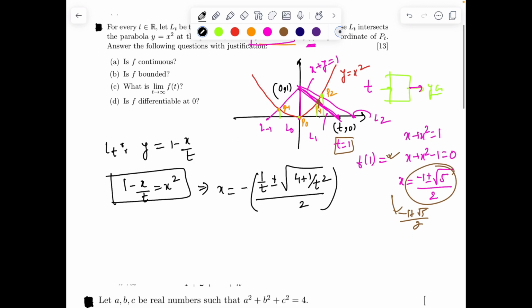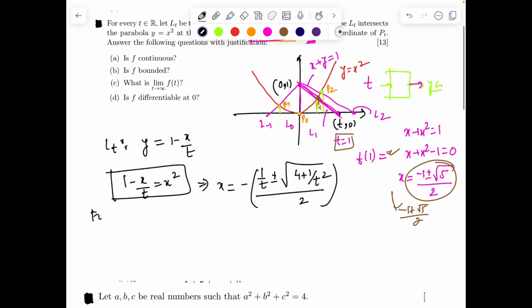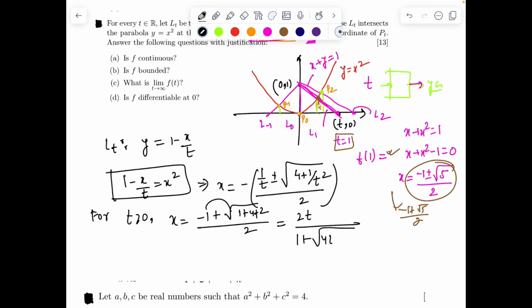That you can see very easily. Okay, so now for t positive, if I rationalize the x value, I get (minus 1 plus root of 1 plus 4t square) by 2. You can rationalize it by multiplying with root of something minus 1 on both sides. So that will give me 2t by (1 plus root over 4t square plus 1).